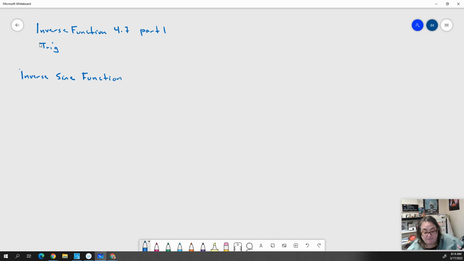So the inverse sine function is defined by, let's see, we'll call it definition. Y equals arc sine of x. Arc sine, when we write it like this, just means inverse sine of x.